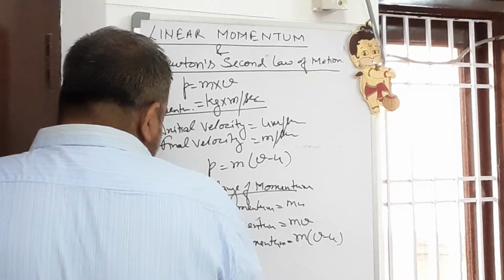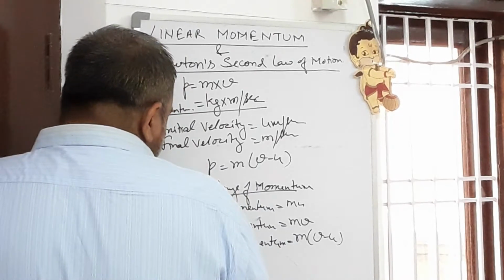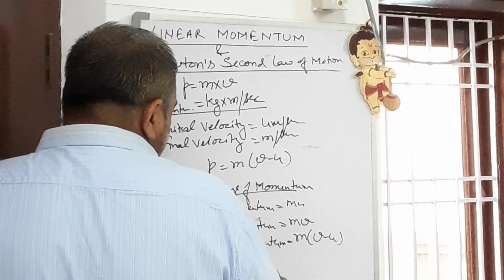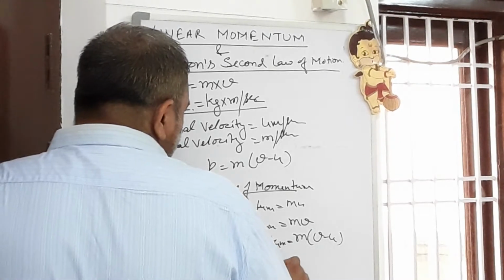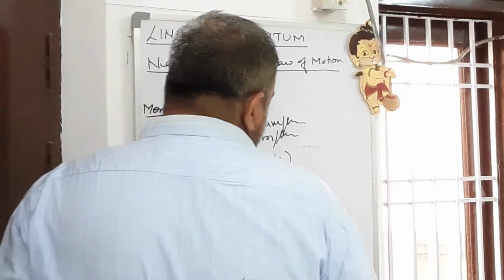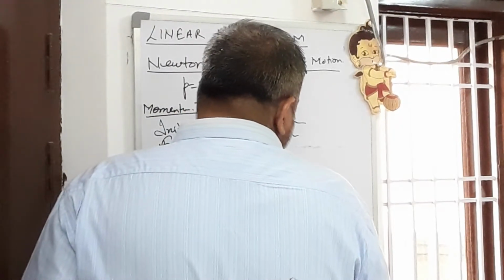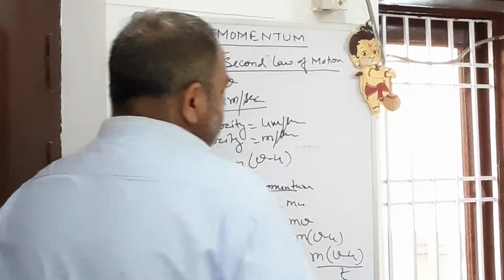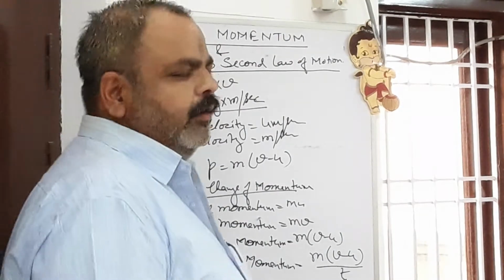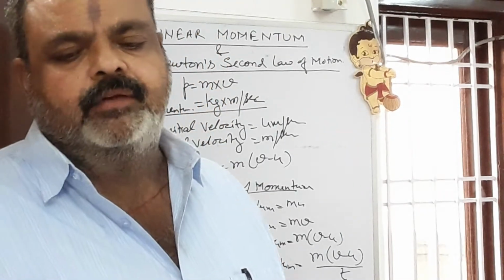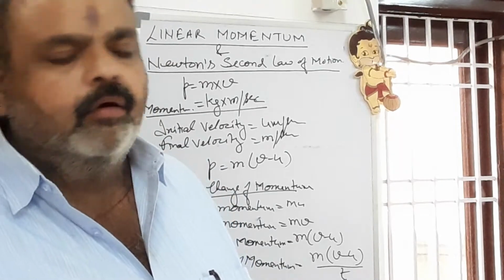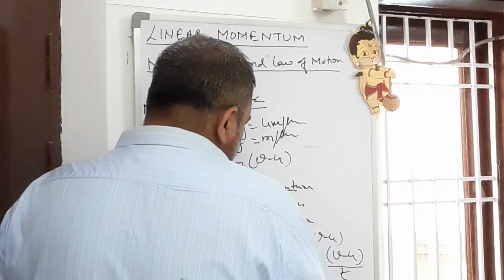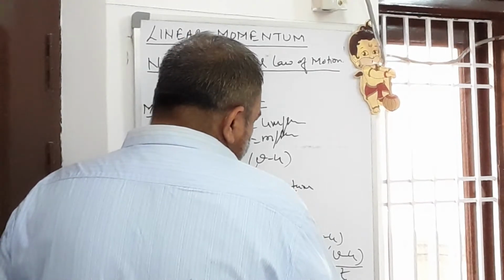Whenever the word rate comes, rate of change of momentum means m into v minus u upon t. It is the rate of change of momentum, or we know that v minus u upon t is equal to a.